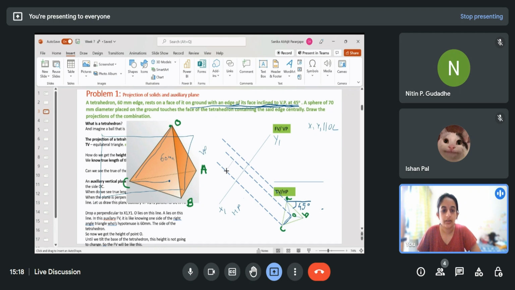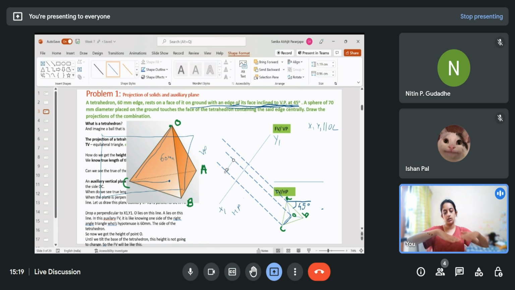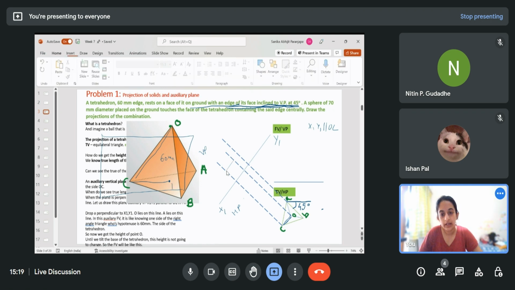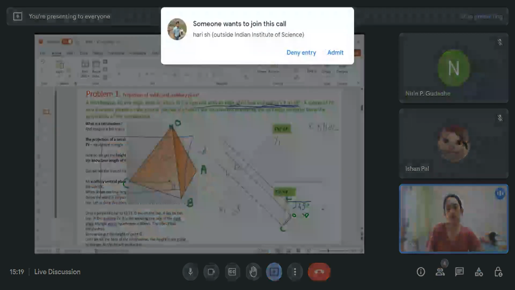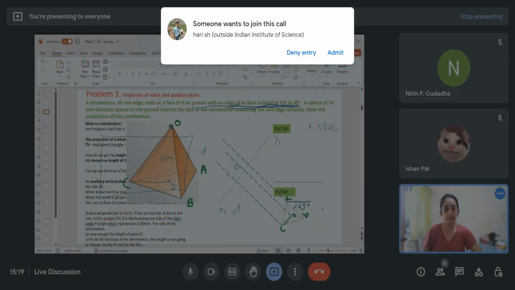So this is the front view. Since the base is on the horizontal plane, all the points A, B, and C will appear in a single line. So this will not be O. This will be, let us say, some center point D, which is the projection of this point O on ABC.